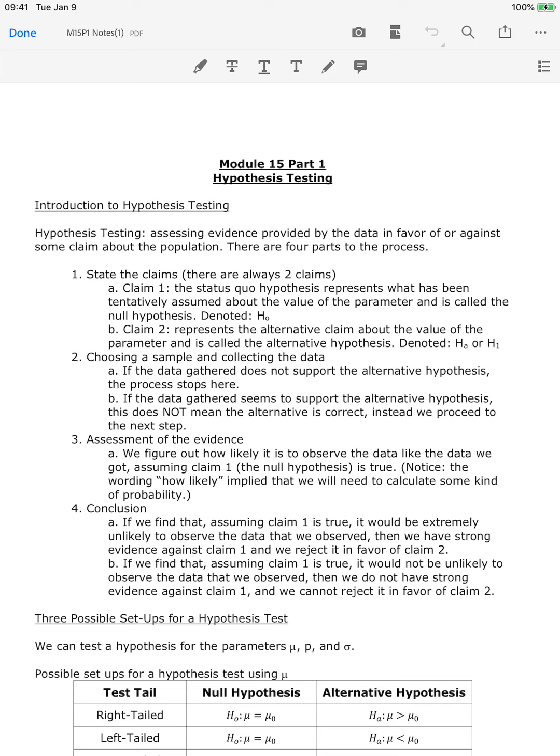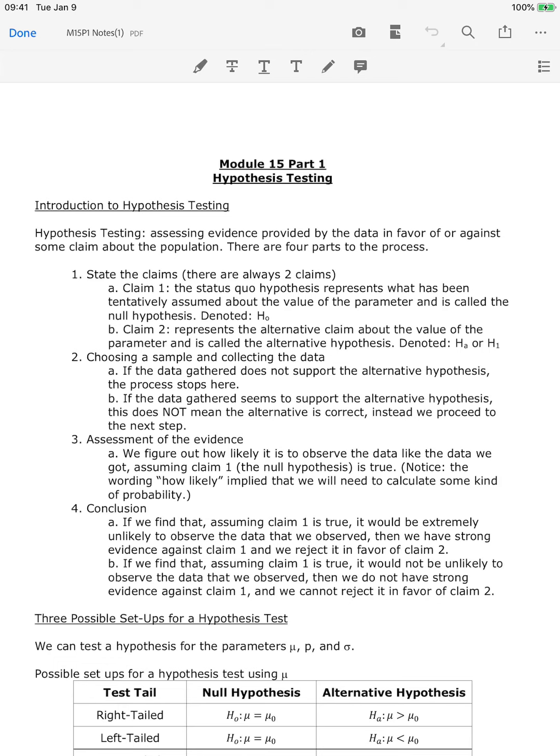Notice the words how likely imply that we're going to be doing some probability to figure this out. So what we're looking at is, what is the probability that I got the sample mean, or the sample proportion, or the sample standard deviation that I got, if I'm assuming the value should be whatever we have in that null hypothesis. And then finally, the conclusion.